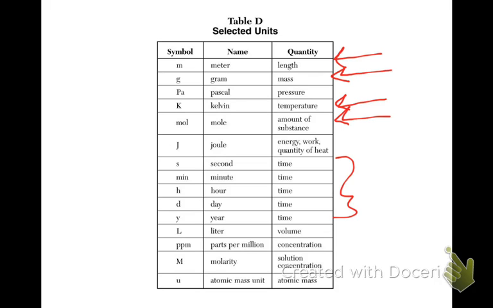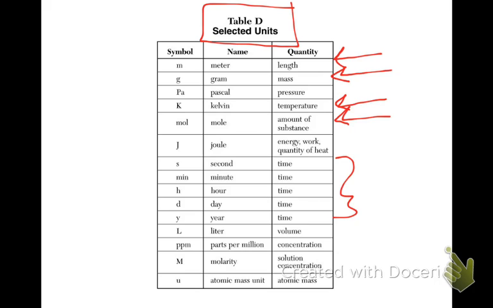We also have joules for energy and work, parts per million for concentration, liters for volume, molarity for solution concentration, and the atomic mass unit for atomic mass. So you can get all of these units found right on reference table D. It's basically all it's really good for.